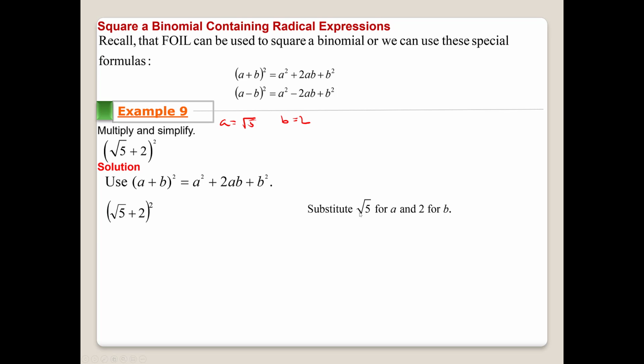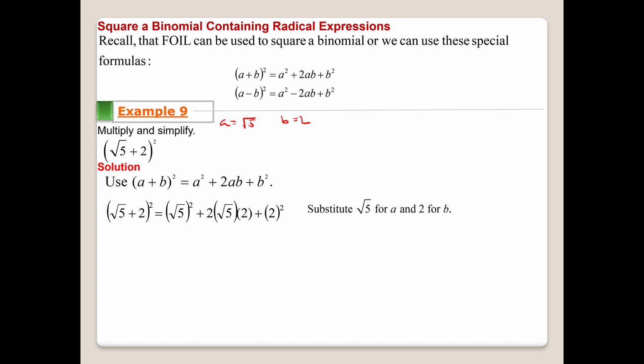Okay, so if we have that, then we can write this out exactly like it is. Again, substitute the square root of 5 for a, like we said, and a 2 for b. When you put those values in there, we can go forward with simplifying this now. We have square root of 5 squared, so that should allow that square root to go away.